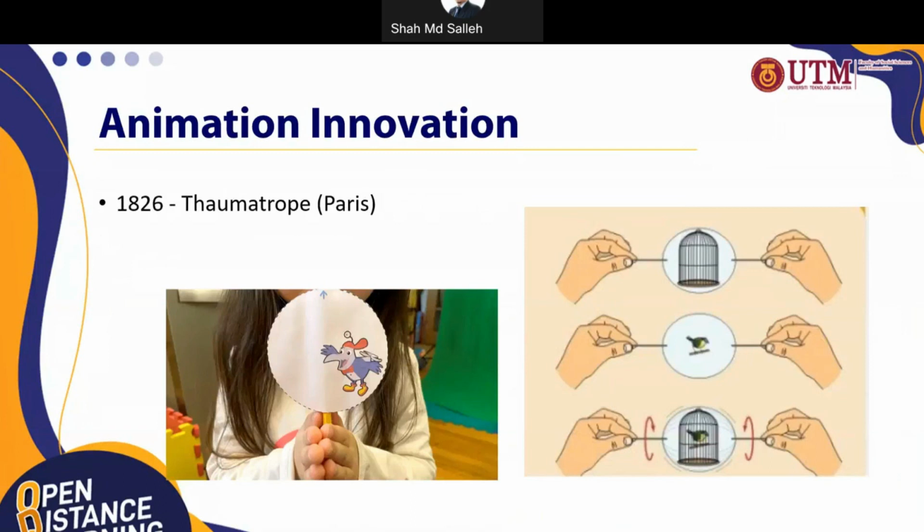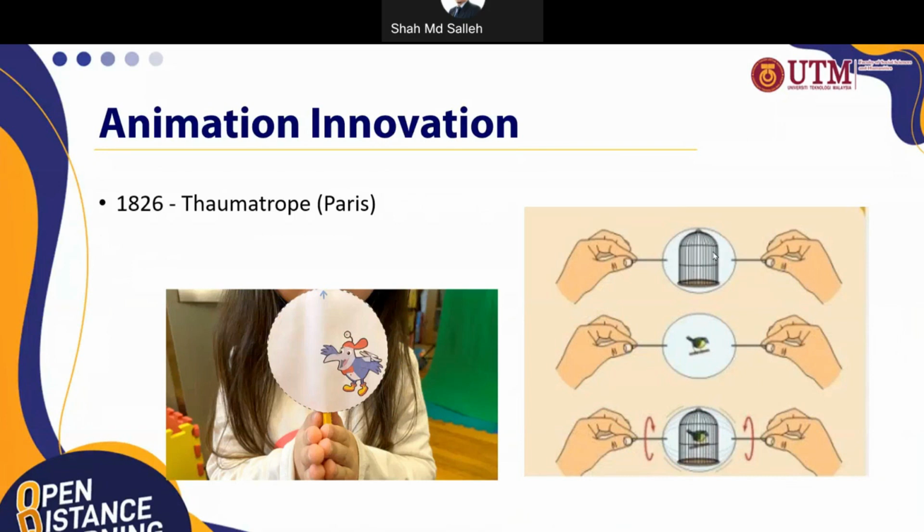In 1926 in Paris, the Thaumatrope used two-sided drawings, for example a cage on the front of the drawing.